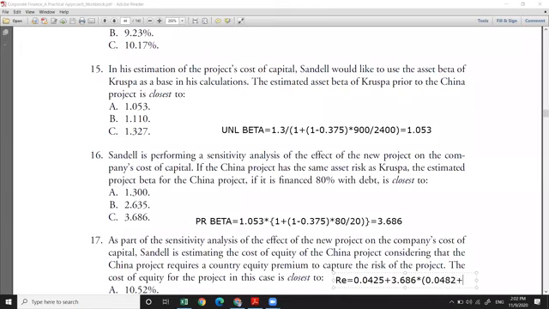And we need to take into consideration the country risk as well, which is given in the table.